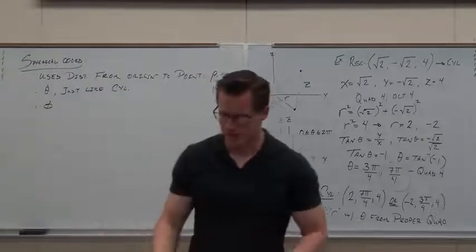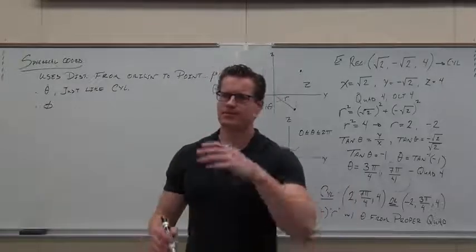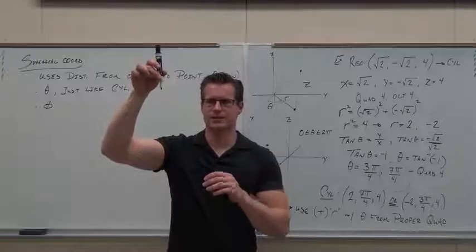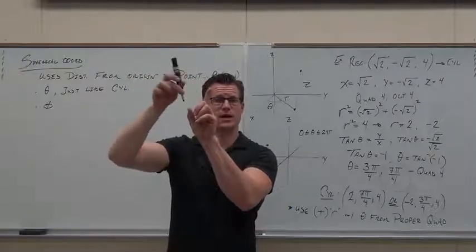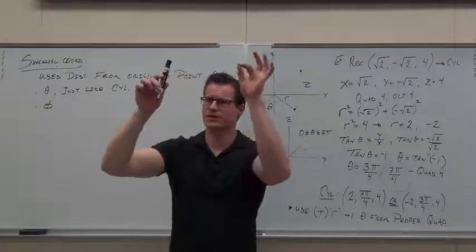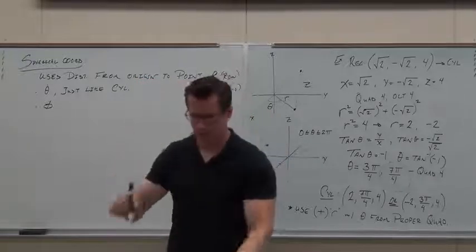This angle phi is from the positive z-axis to where that radius, that rho, is. It's the angle from positive z to where the segment that would connect the origin to the point, rho, actually is.